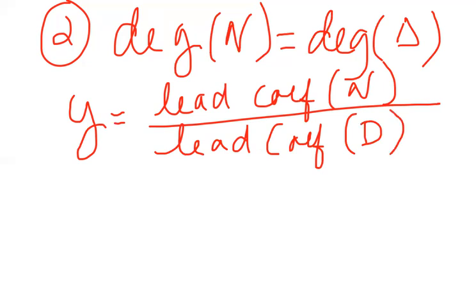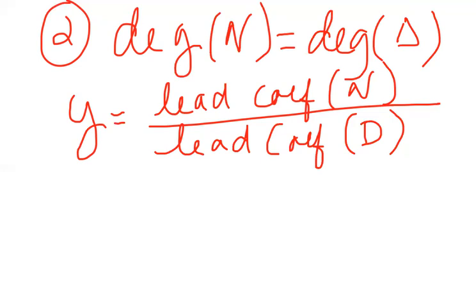The leading coefficient is the number in front of the term with the highest power. Let me say that again. The leading coefficient is the number in front of the term with the highest power. That's what I mean by the leading coefficient. So you have to take the leading coefficient in the numerator over the leading coefficient in the denominator.